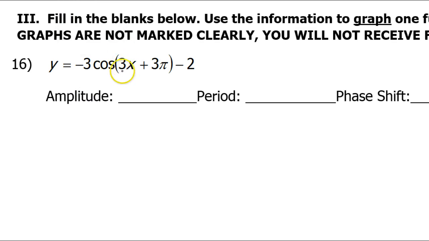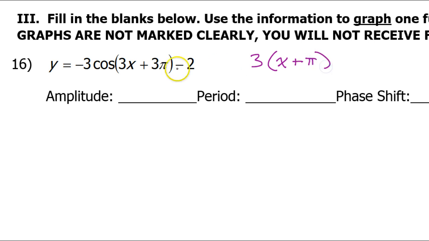Now, whenever you have a b value and a phase shift, you need to factor the b value outside of parentheses. So I'm going to rewrite this equation, starting with this part right here. I'm going to pull out the 3. That's going to leave behind x plus pi.